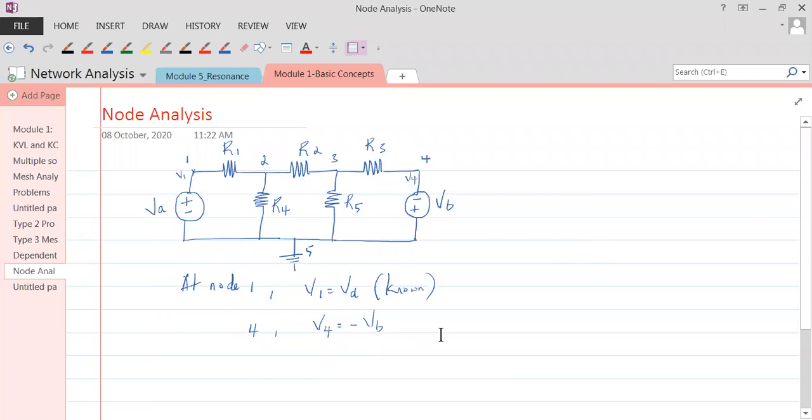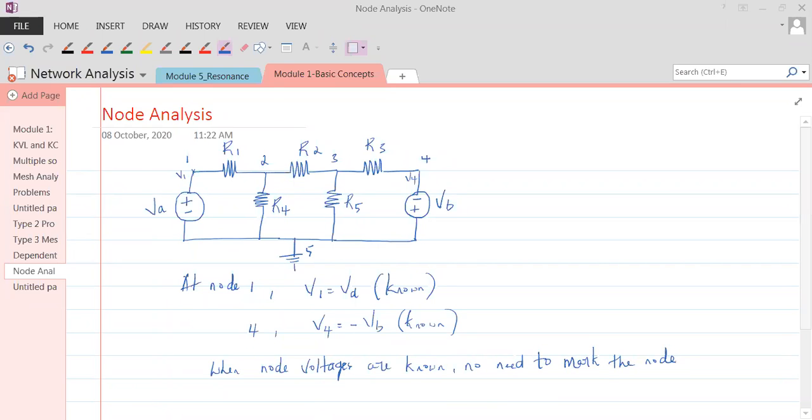Now, when this is also known, this is also known. So the idea is, when node voltages are known, no need to mark the nodes.